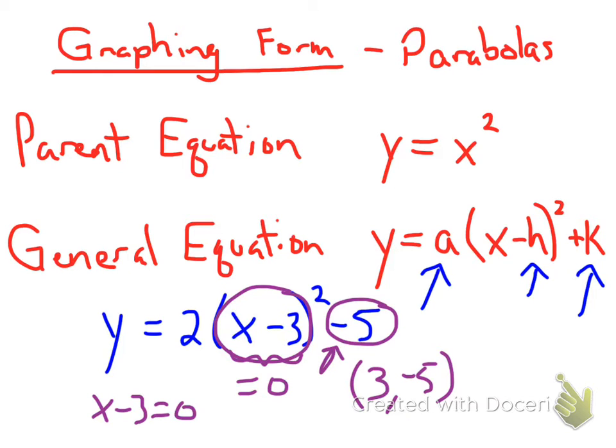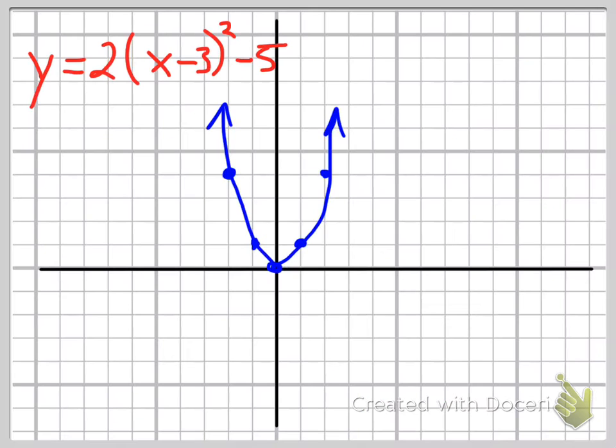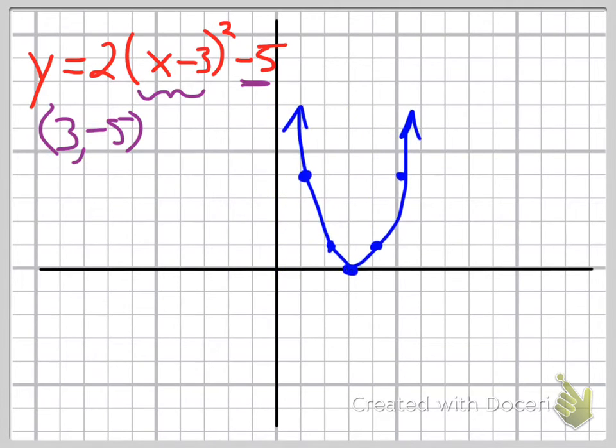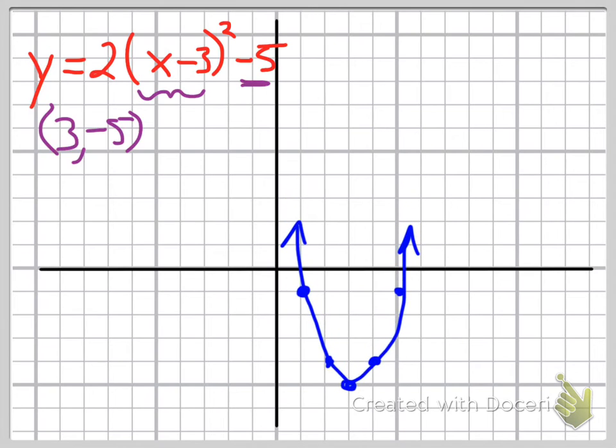So now if we go and try graphing this equation, it's going to look something like this. My parent function is already on this graph, and I know now that my locator point for this problem is going to be at (3, -5). Because of that, I can take a look at what my parent function would look like if it was adjusted horizontally 3 units and vertically -5 units.